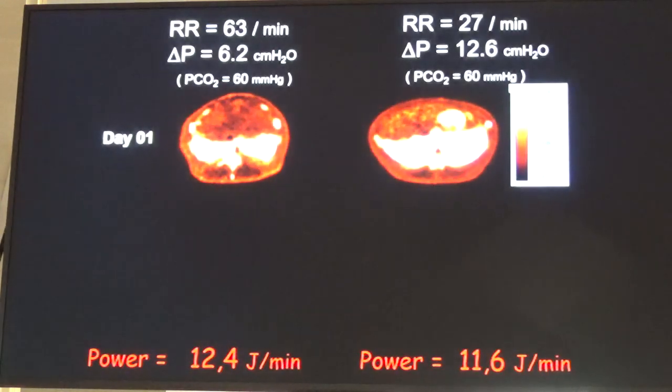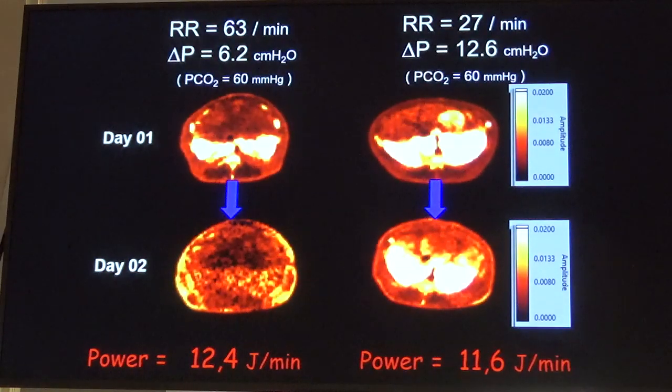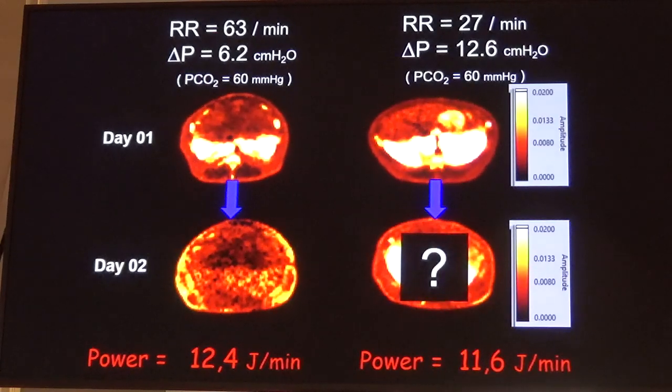This is even more striking. I have two animals with the same power, and I look at the second day. This animal had persisting inflammation, and this animal decreased the inflammation a lot. Why? Because driving pressure was lower. So I think when we compute power, we miss the priority of driving pressure and respiratory rate over other parameters.